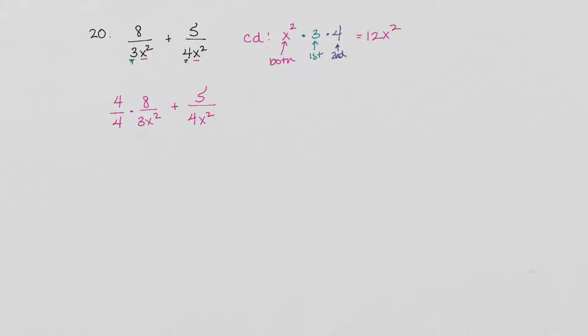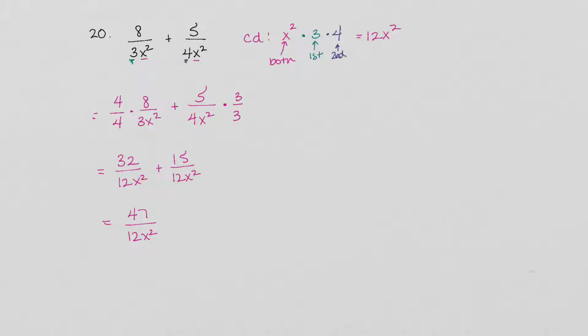I want it to be 12x squared. So I multiply the second fraction by 3 over 3. And when we do that, we get 32 over 12x squared plus 15 over 12x squared. And that is 47 over 12x squared.